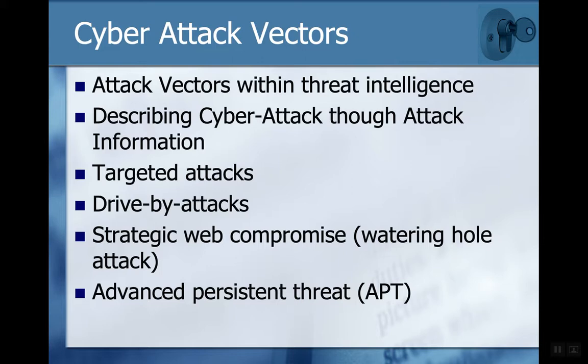APTs are really what we're seeing now: very advanced, smart malware that's designed to hide itself, penetrate, and disguise itself, and a lot of these things can actually be programmable. Once you have an advanced persistent threat in place, it can be programmed to do stuff.